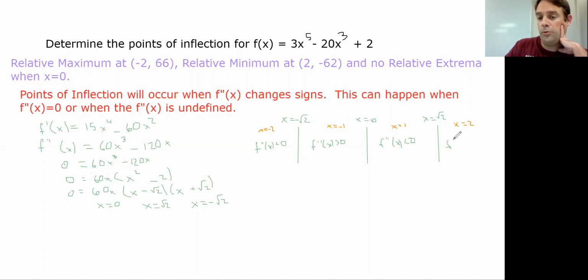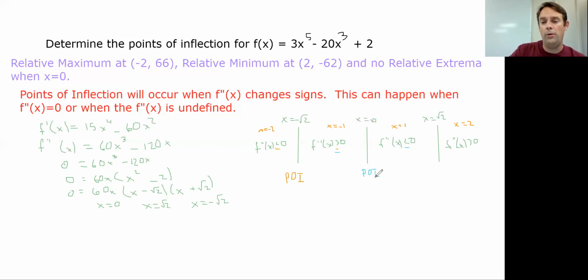Now plug this one in, get one that is greater than 0. So what happened? They changed signs here, so therefore I had a point of inflection. The second derivative changed signs here, therefore I had a point of inflection.